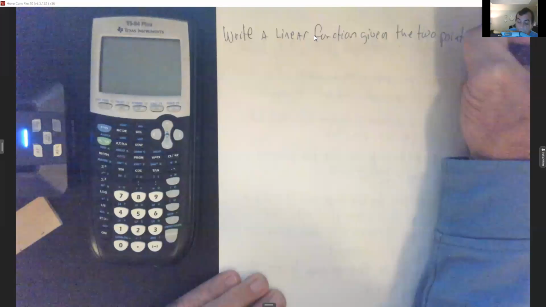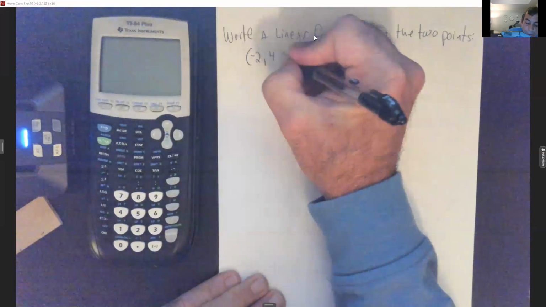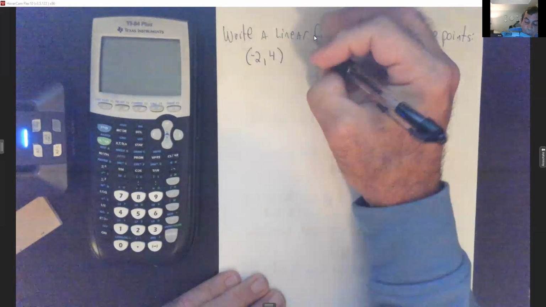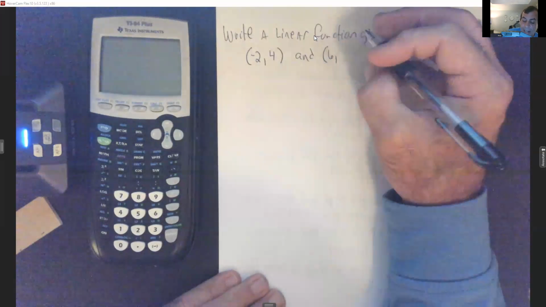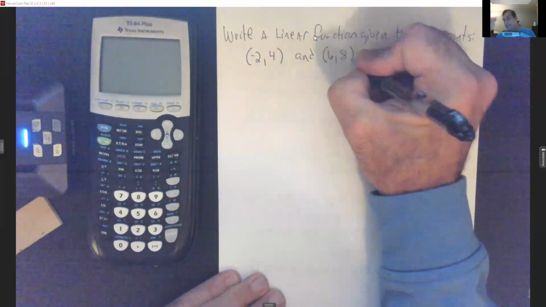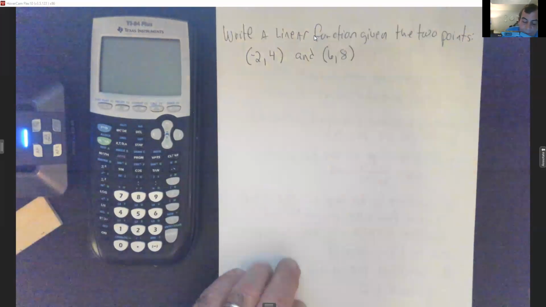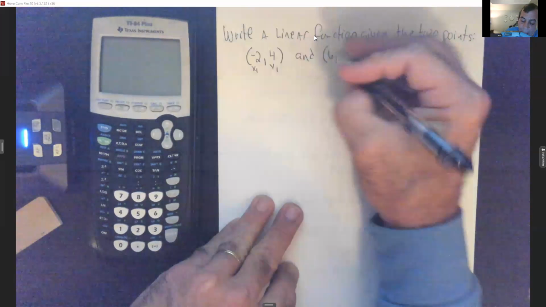So I'm going to start with, say, a -2 and a 4. And my second point, I'm going to make this one a 6 and, oh, how about an 8? So x1, y1, and this will be my x2, y2.